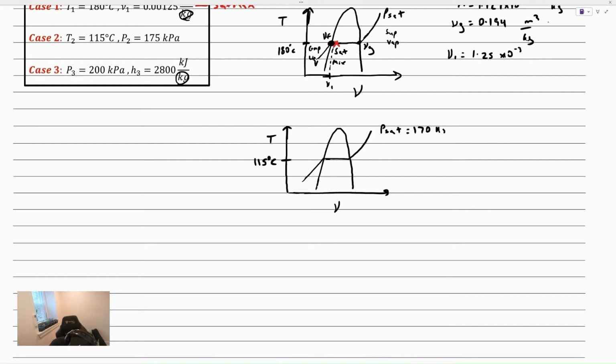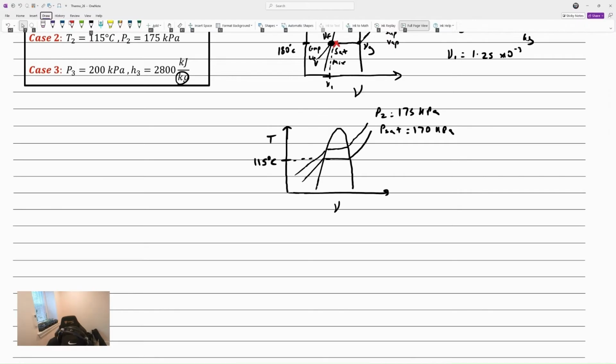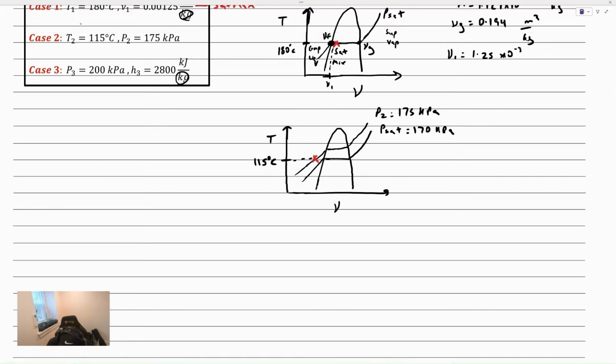Psat is 170 kPa, and our given pressure, if we draw our line of constant pressure, which increases in this kind of direction, our P2 value is 175 kPa. We kind of picture that intersection where it's going to occur. The intersection will occur here in our compressed liquid region.